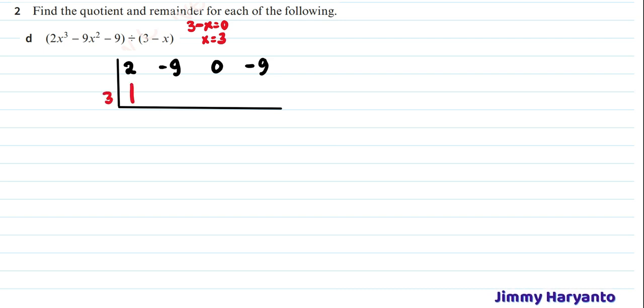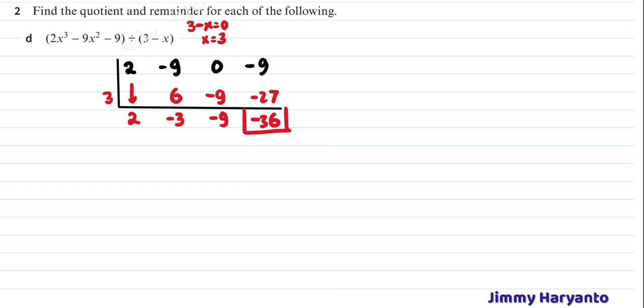So 3 is right here, going down. 2, 6, negative 3, negative 9, negative 9, negative 27, negative 36. Negative 36 is our remainder. So the remainder equals negative 36. The quotient is 2x squared negative 3x minus 9.